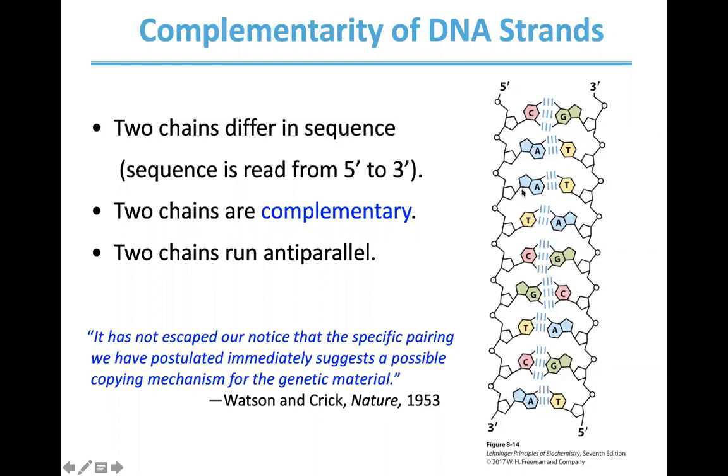And so the two mother strands will give you two daughter strands, and from two you go to four strands, each of which will be double-stranded. So it's a pretty simple and elegant way to replicate.